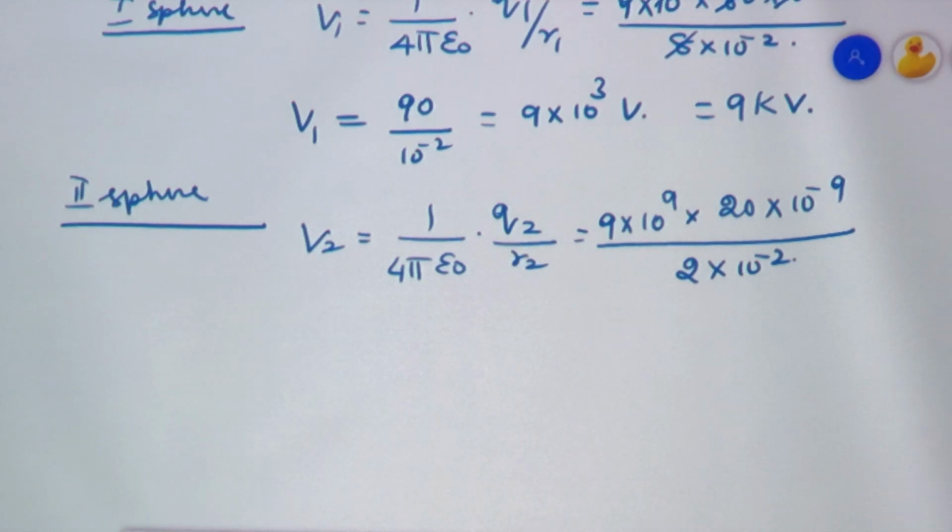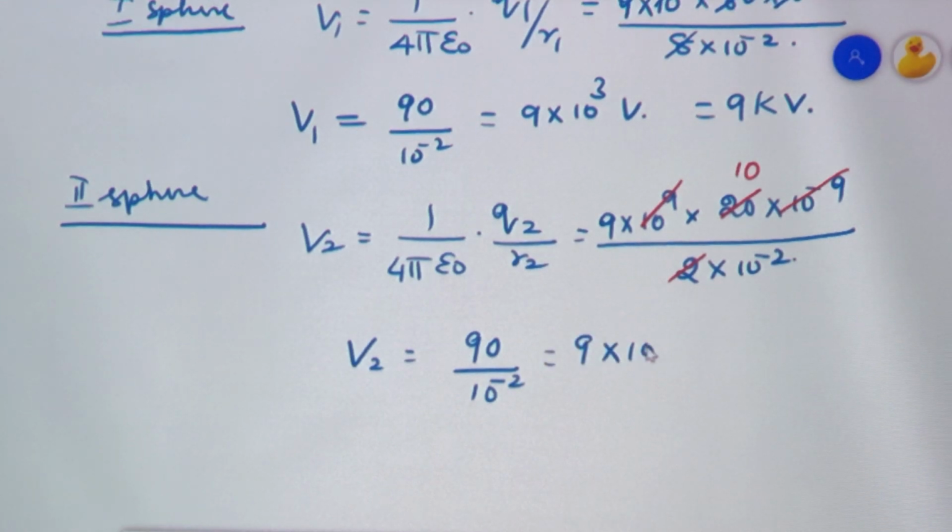On simplifying, 2 and 20 get cancelled, leaving 10, and 10 power minus 9 and 10 power plus 9 cancel. So V2 is 90 divided by 10 to the power of minus 2, which is 9 into 10 to the power of 3 volt.